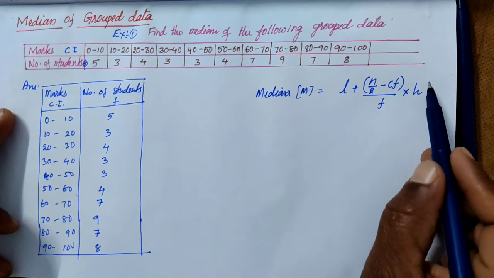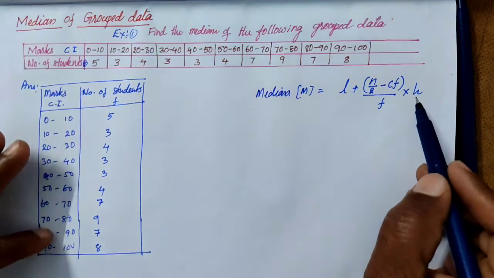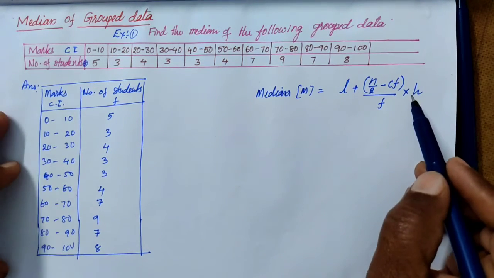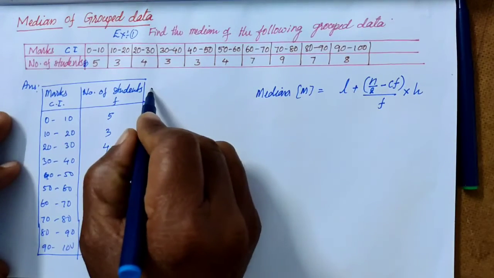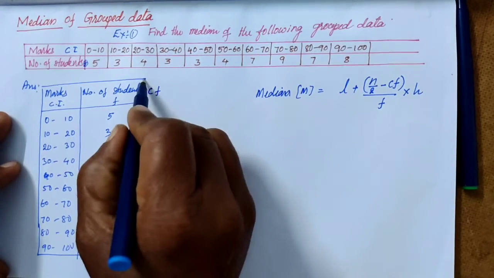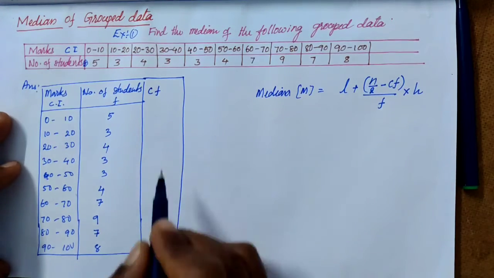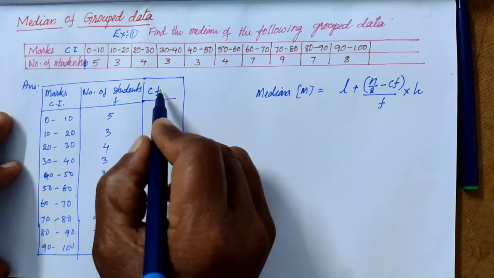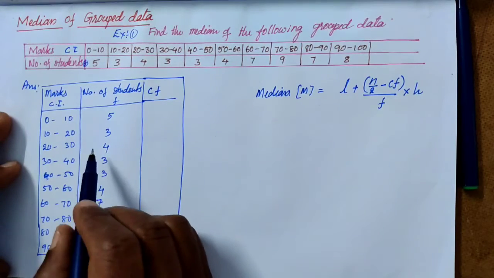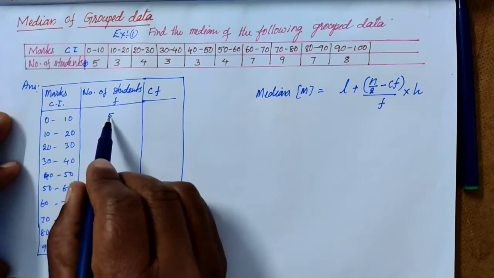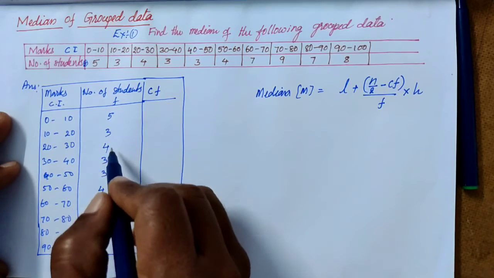So we are going to find L, n, Cf, F and h from this table. First, let us find the cumulative frequency of this data. We find the less than cumulative frequency.